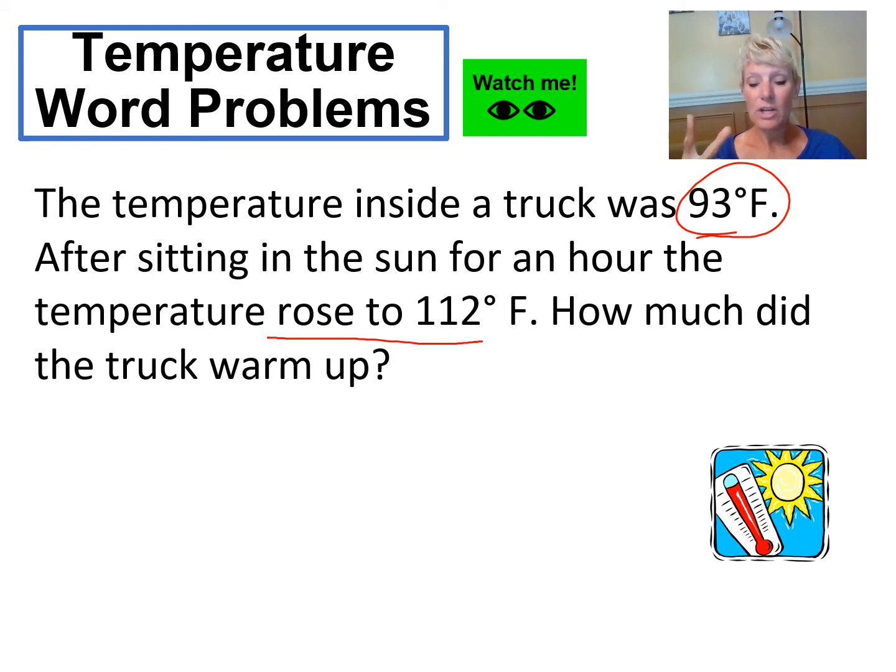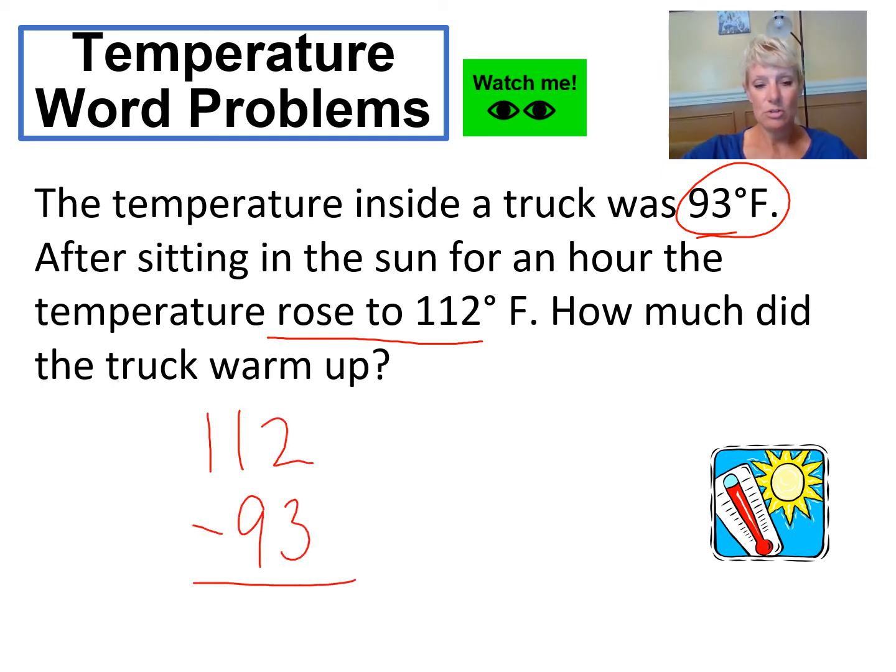Now I see that I want to know the difference between them. I notice that 93 is listed first, but I know I need to subtract. I can't put the 93 first, so I'm going to put 112, and I'm going to subtract the 93 degrees, because what happened is the temperature got hotter, but I want to know by how many.